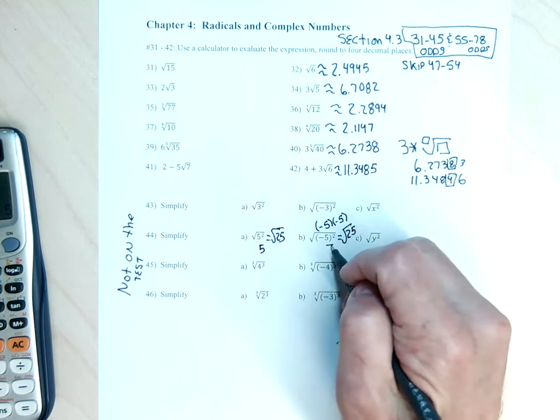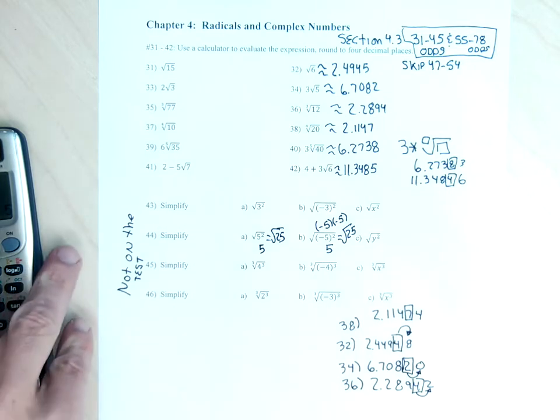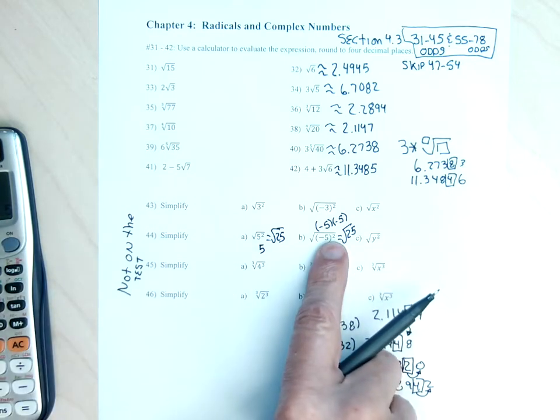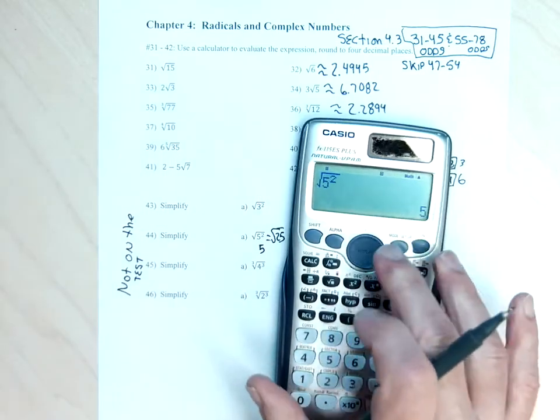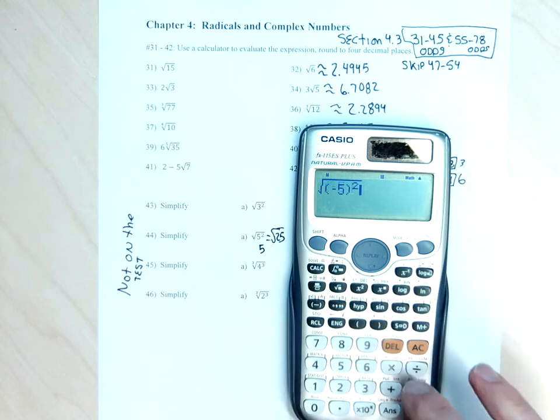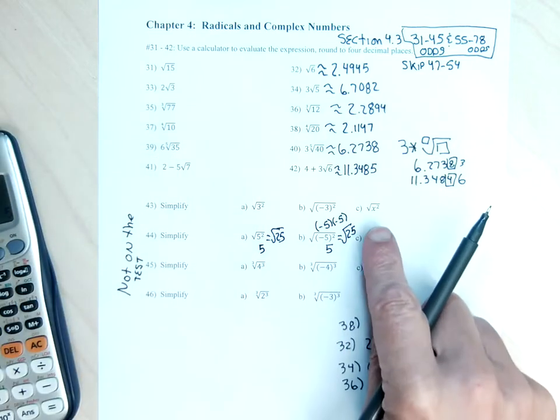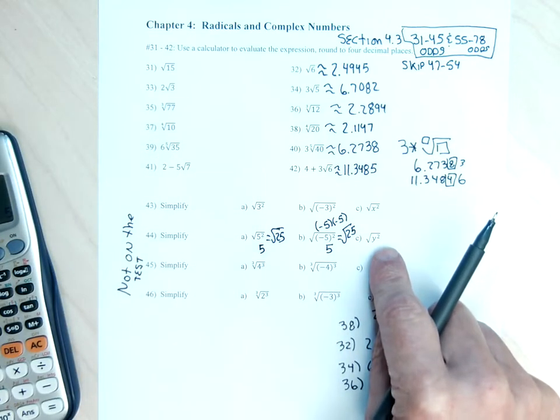The square root of negative 5 squared, which is the same as the square root of 25, is also 5. I can enter this exactly like this on my calculator as well: square root, parentheses, negative 5 squared, and my calculator tells me that's equal to 5.